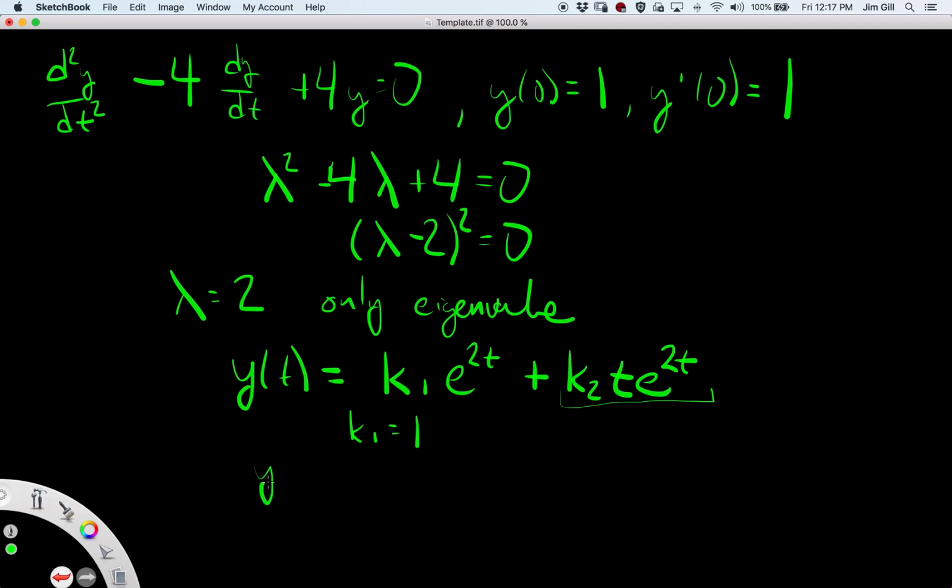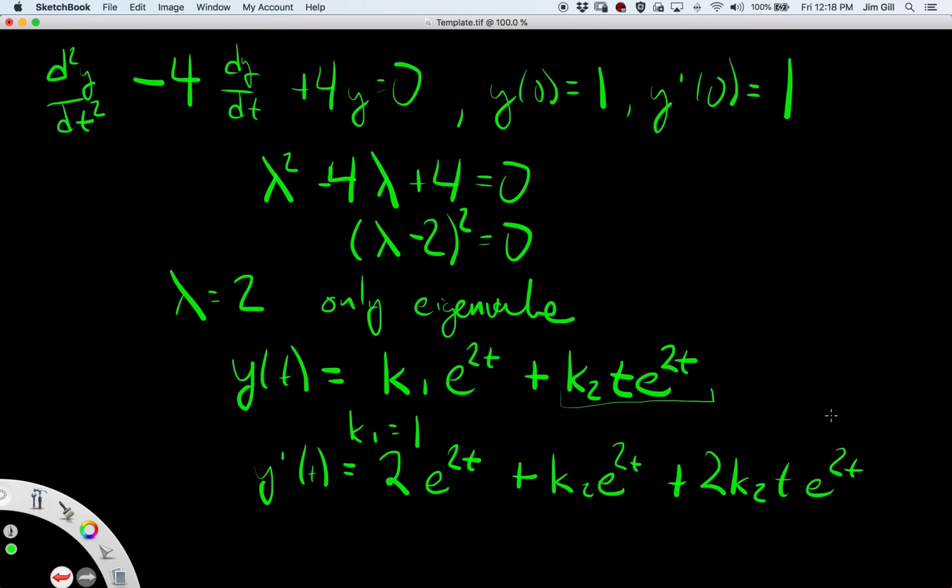Now we do have to calculate the derivative in order to figure out what k2 is. So y prime is equal to 2 e to the 2t, where I've already substituted 1 in for k1, plus k2 e to the 2t plus 2 k2 t e to the 2t. Now we're plugging in time 0, so this term doesn't matter.